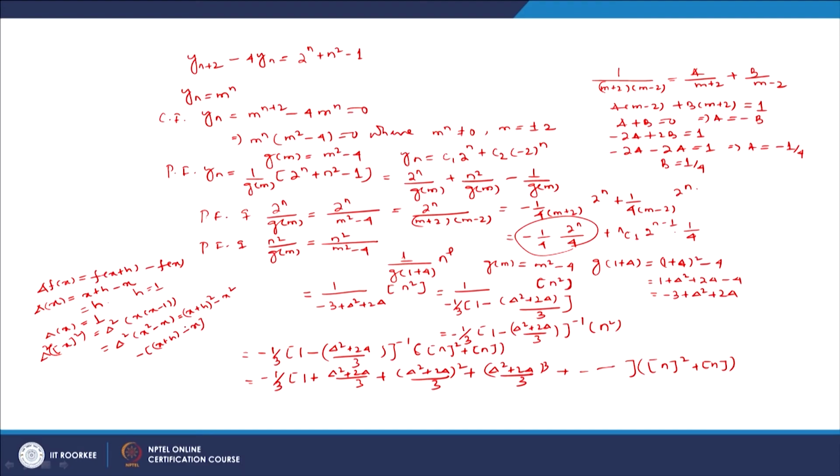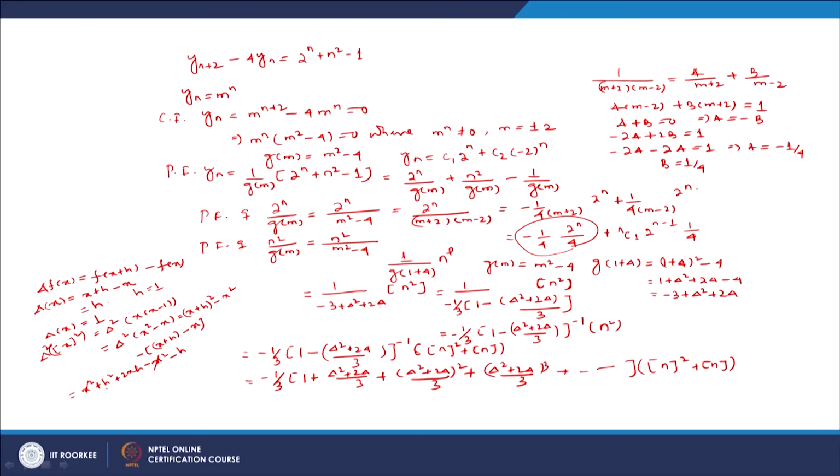And if you expand this (x plus h) square, it can be written as x square plus h square plus 2xh minus x square. So, x square will cancel out, and x minus x will cancel out, so minus h will be there.